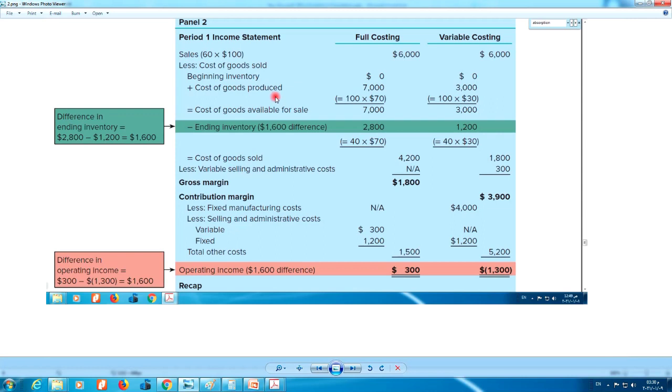Cost of goods manufactured equals, under absorption costing, $70 multiplied by 100.